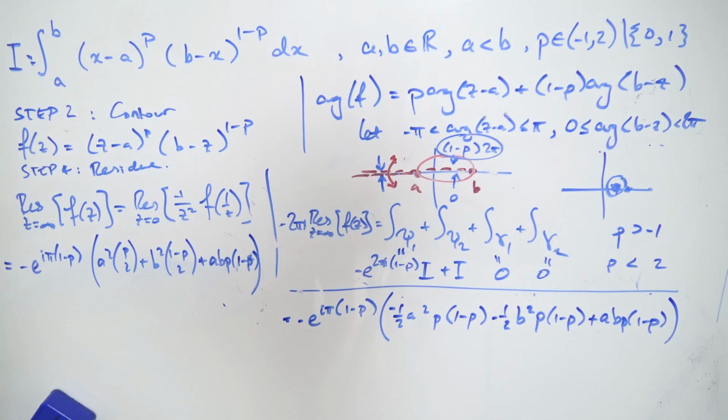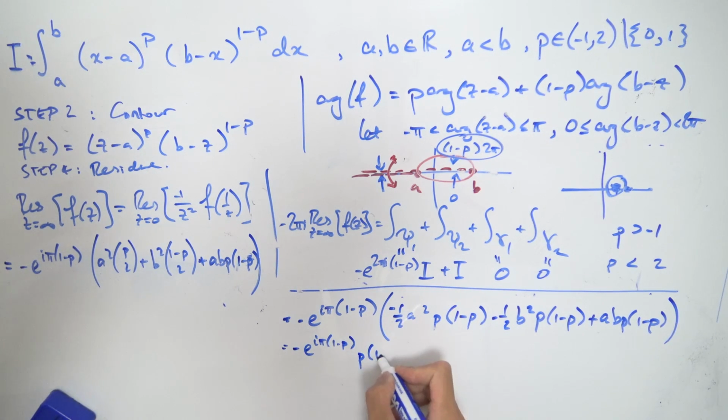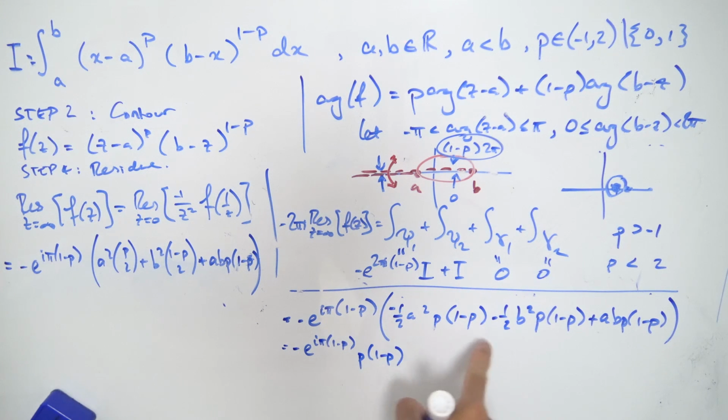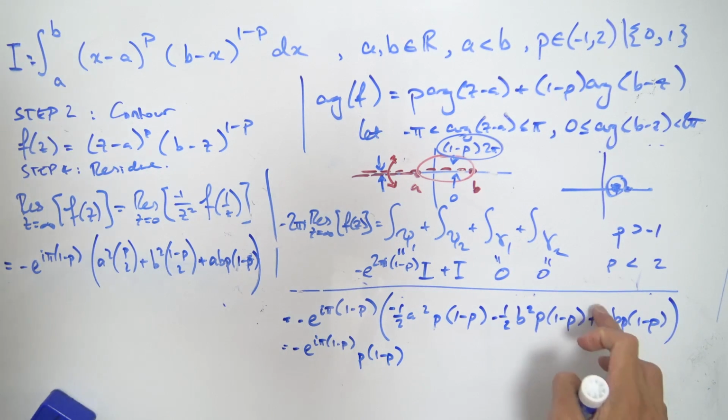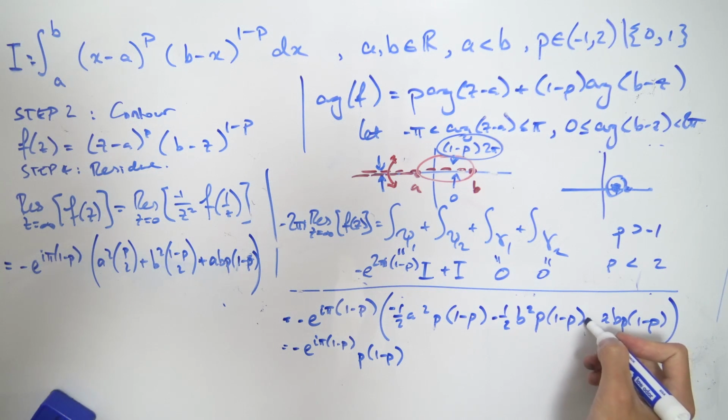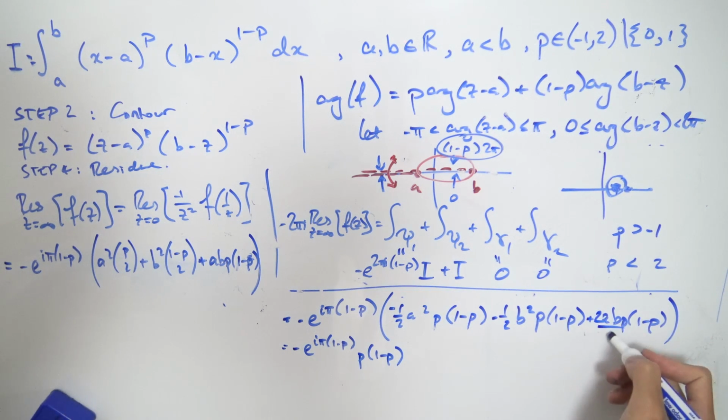Alright, very fine, and now we can notice that we can factor out a couple of things, and most noticeably this p times 1 minus p. So if we factor that out, we get a minus e to the i pi 1 minus p, and then p times 1 minus p. And then notice we have this half factor everywhere, but we're kind of missing a half factor over here. So let's introduce 2 over 2, so plus 2abp divided by 2.